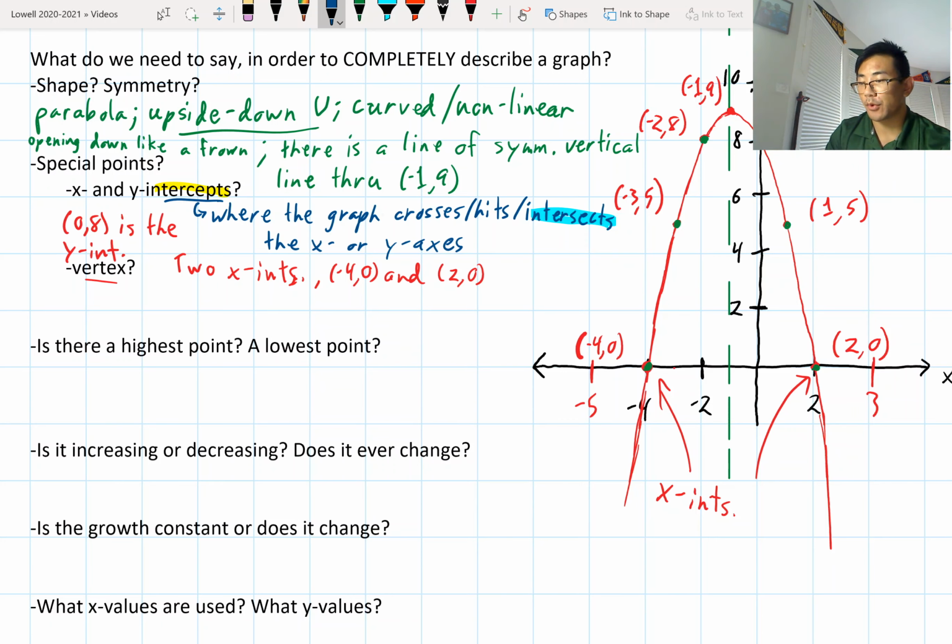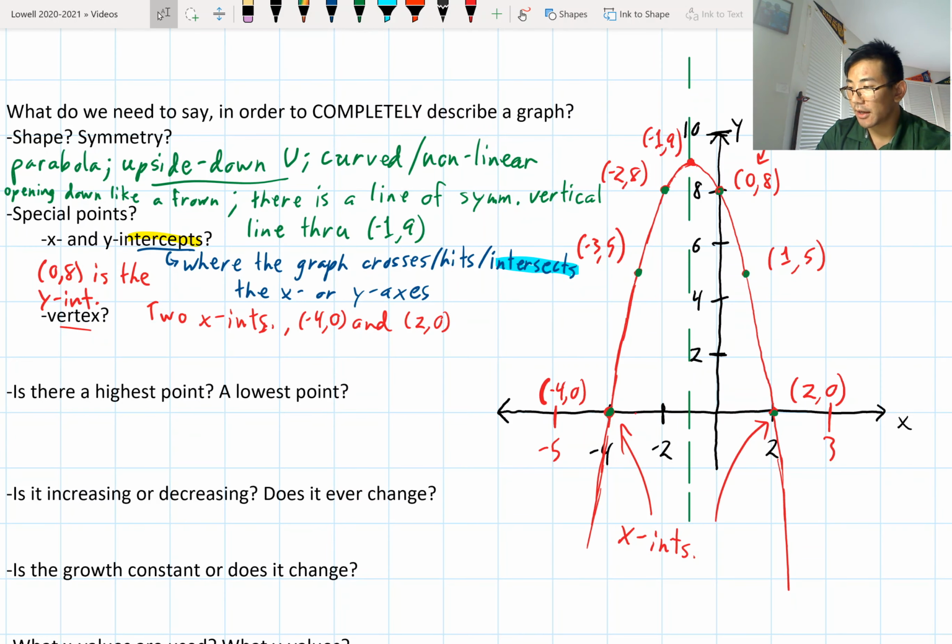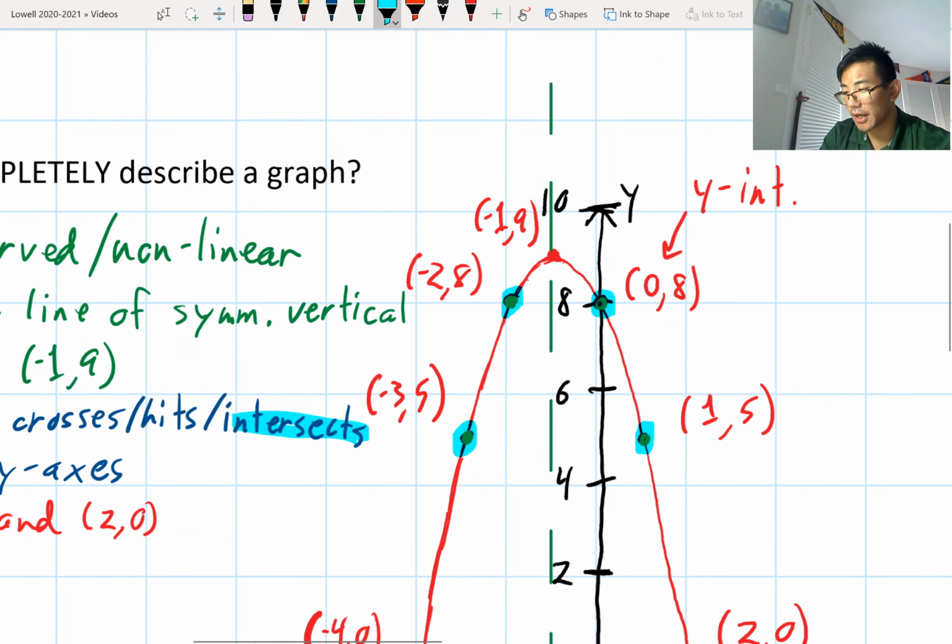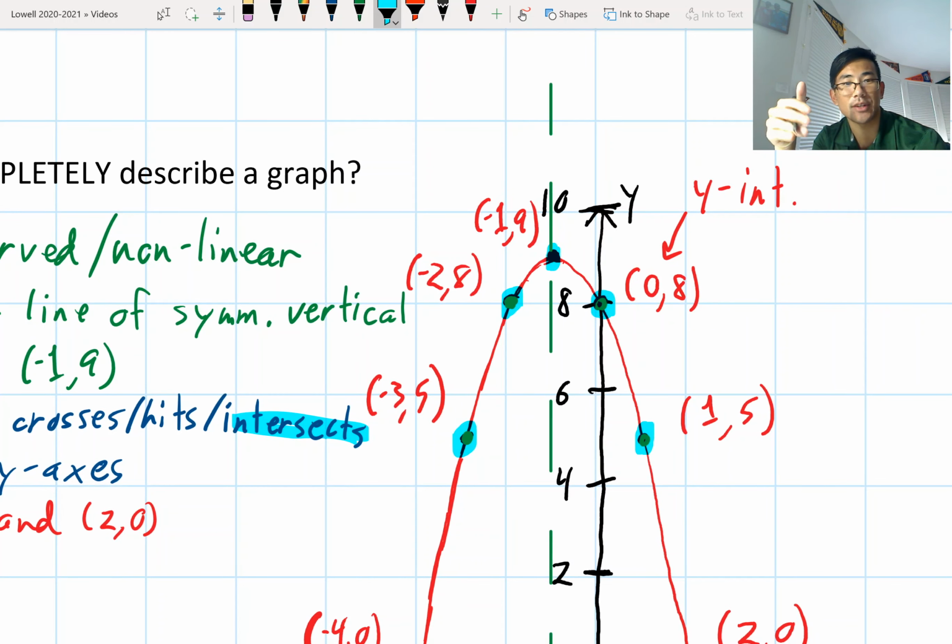And so what we mean by that is, hey, this point right here, -3, 5, when it gets flipped over that line of symmetry or reflected, it's at 1, 5. Hey, -4, 0 goes to 2, 0. -2, 8 goes to 0, 8. But -1, 9, because it's sitting on that line of symmetry, it doesn't go anywhere.